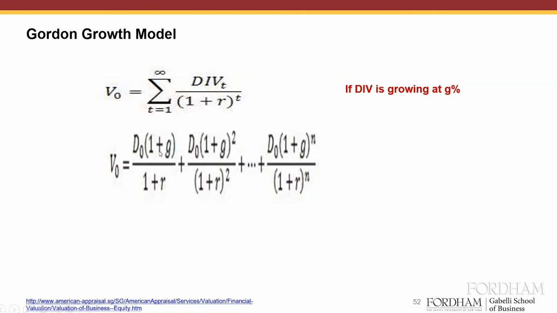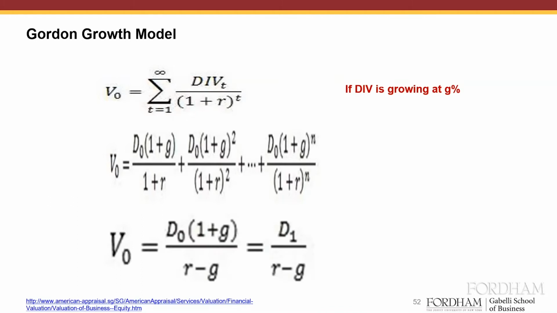This presents a challenge because G is growing the dividend over time, but this takes us all the way to N, to infinity, right? We don't have enough time to calculate to infinity.